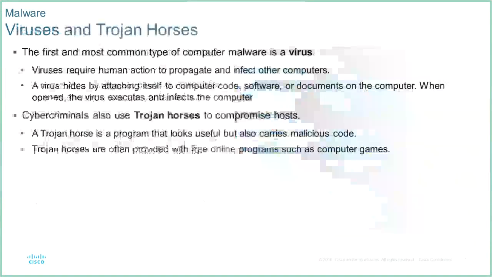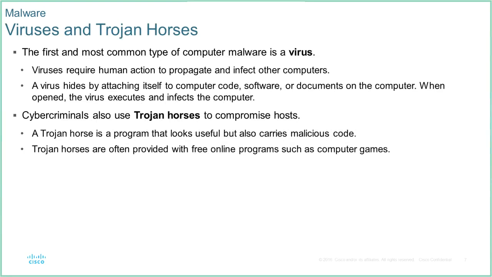So what's the difference between viruses and Trojan horses? Not much. Just the way we look at them, really. So a virus is the most common malware you'll get, which basically requires a user to have some form of interaction with the virus for it to propagate or self-replicate within the system.